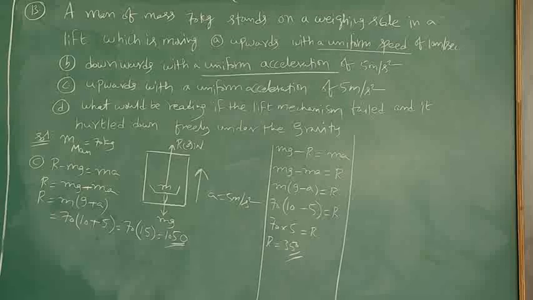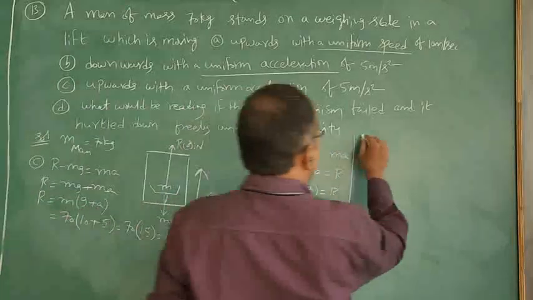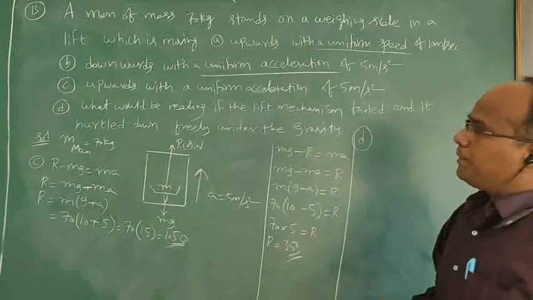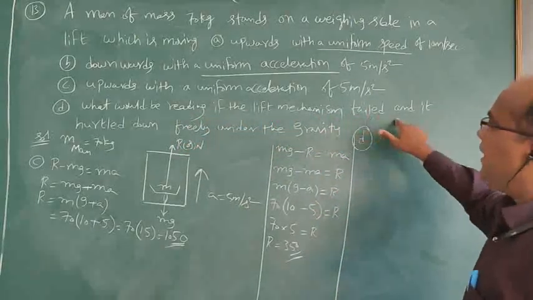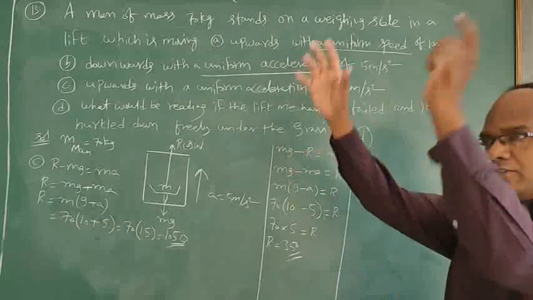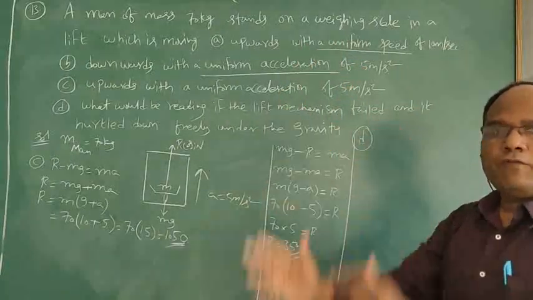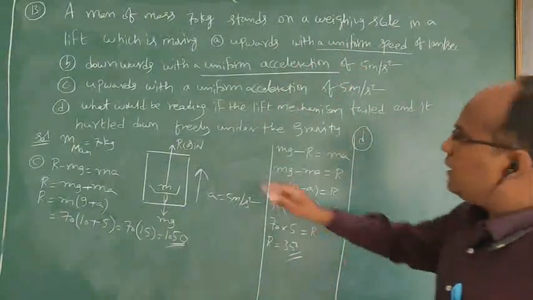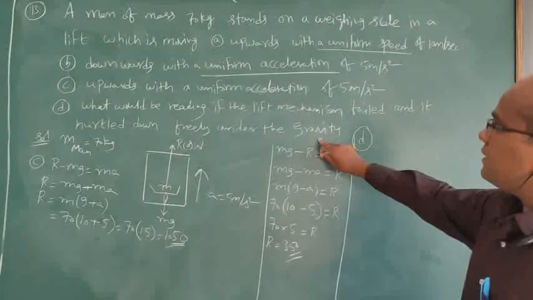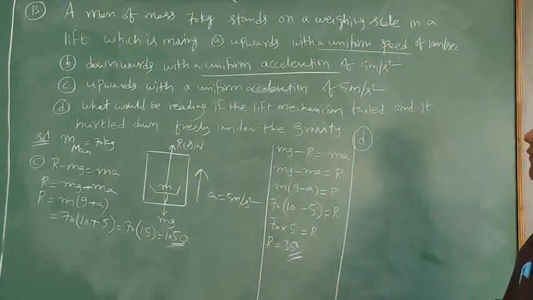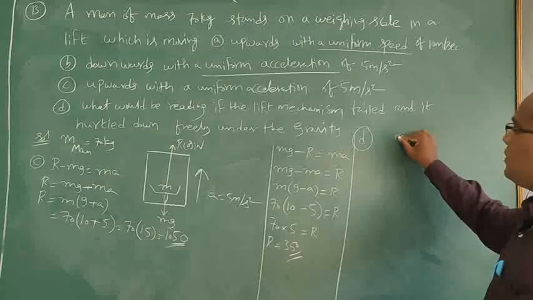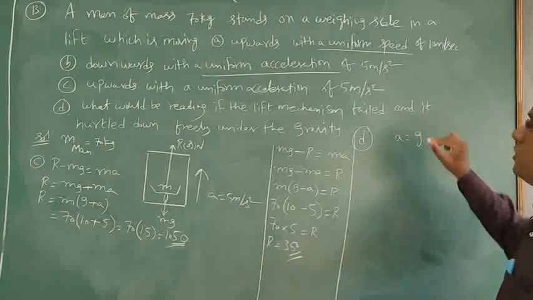Next, similarly, for the fourth part, what would be the reading if the lift mechanism failed? So it is freely falling down, hurtling down freely under gravity. What is the meaning of this one? Suddenly it falls down, so a is equal to g.